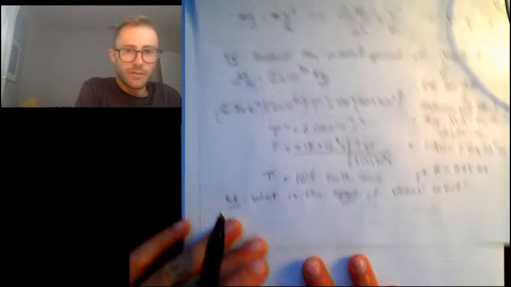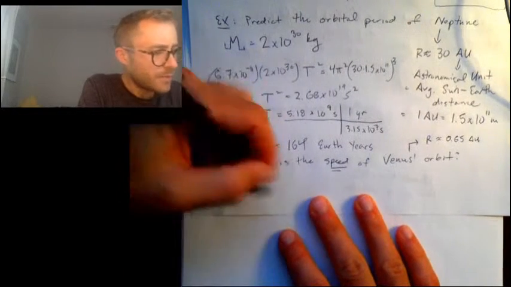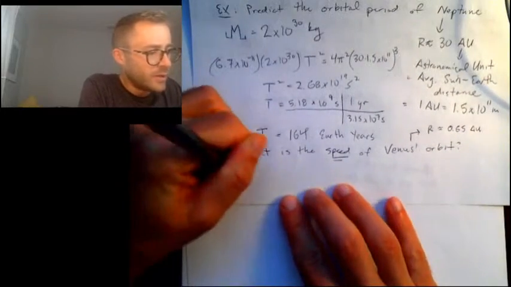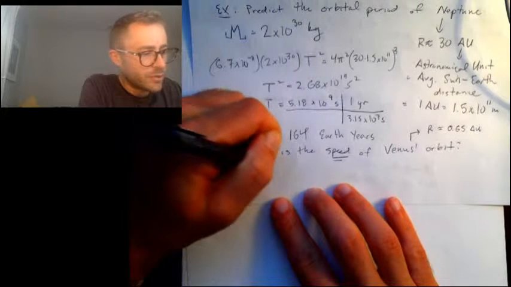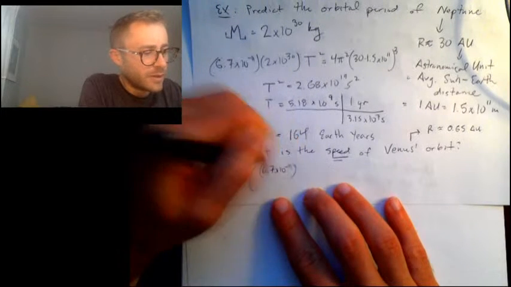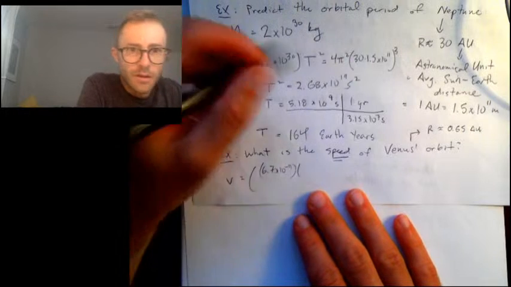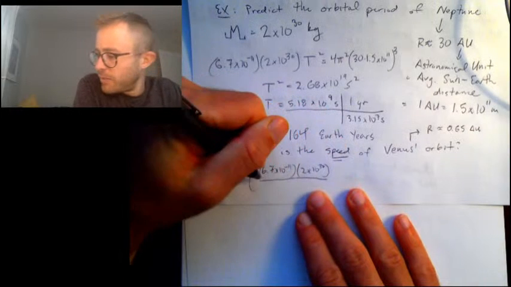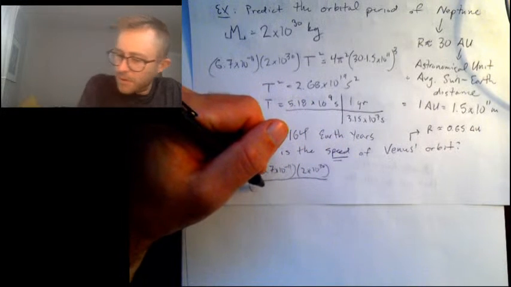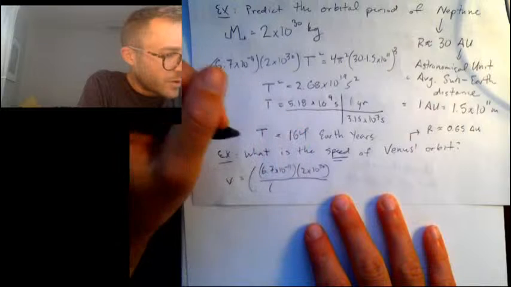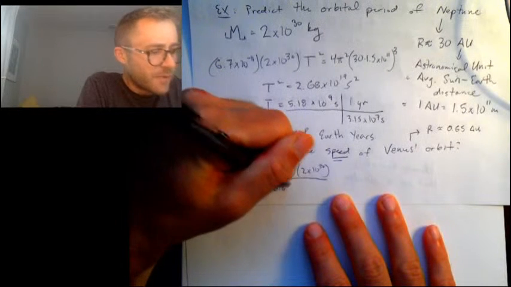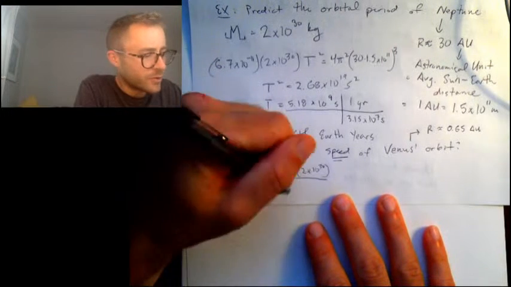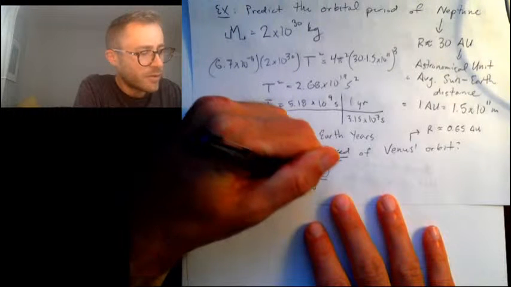So what is the speed of Venus's orbit? Well, I'm going to use this equation right here. So V equals the square root of G, which is 6.7 times 10 to the negative 11, times M, which is 2 times 10 to the 30th, divided by R, not R squared, but R. So 0.65 AU, 0.65 times 1.5 times 10 to the 11th meters.